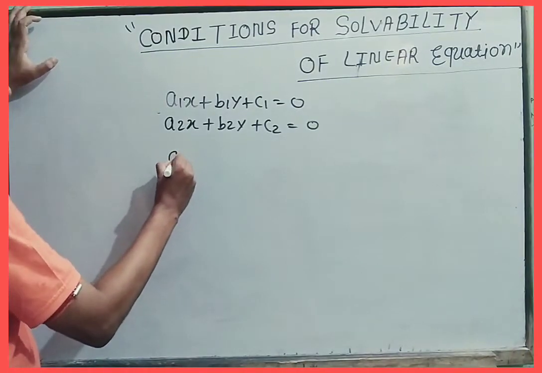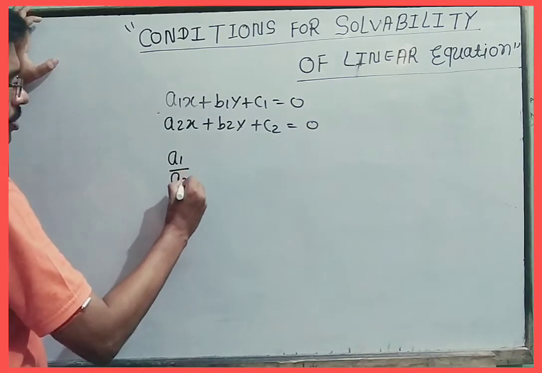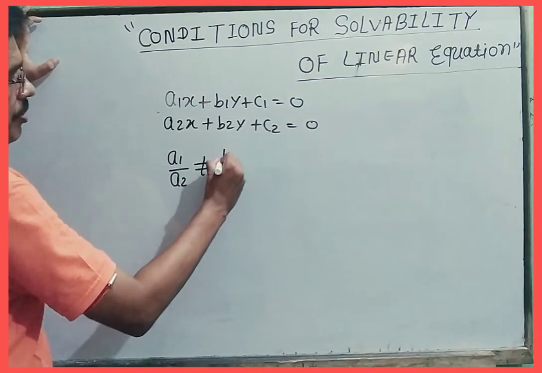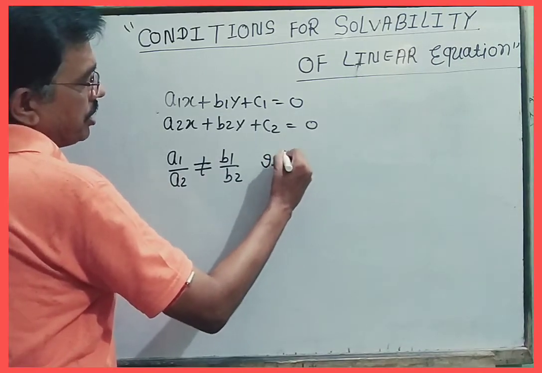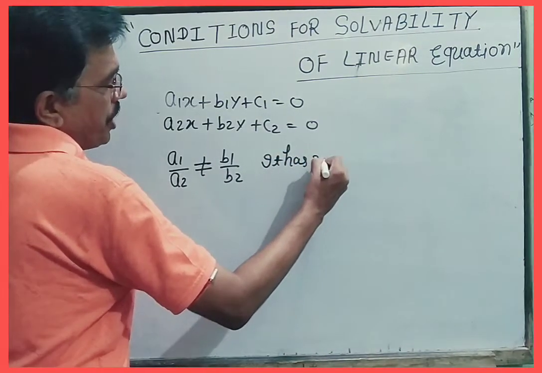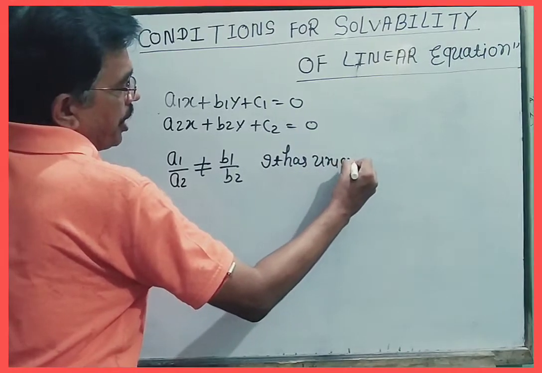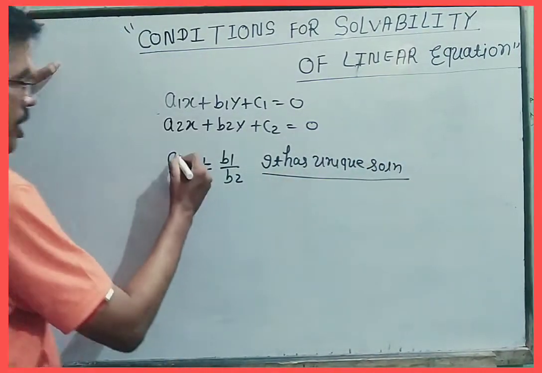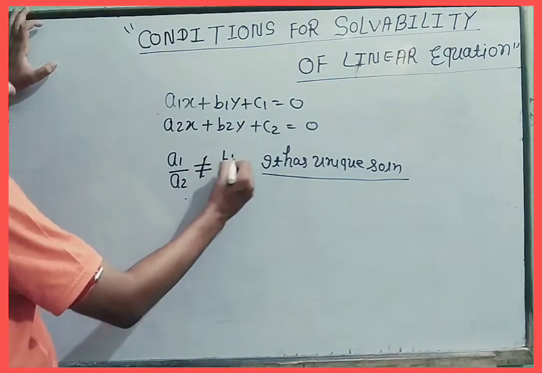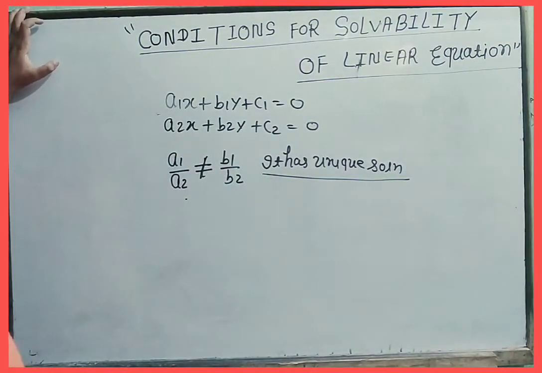If your condition is a1 by a2 is not equal to b1 by b2, then it is clear it has a unique solution.